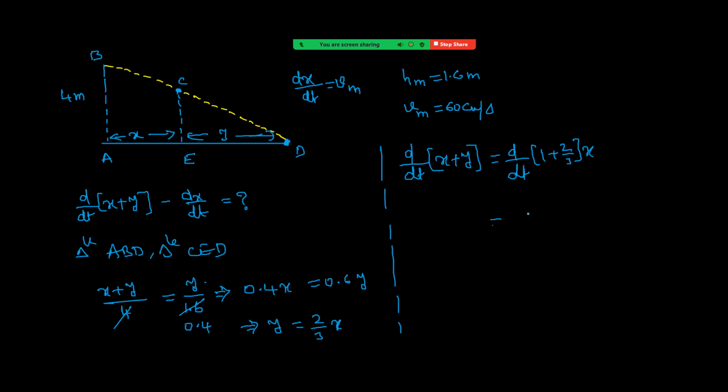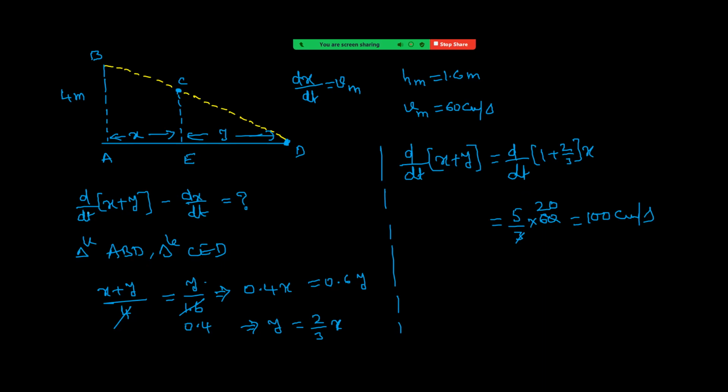This is 3 plus 2, that is 5 by 3 dx by dt. The dx by dt value is 16, and it is 20 times 5 by 3, so this is 100 centimeter per second.